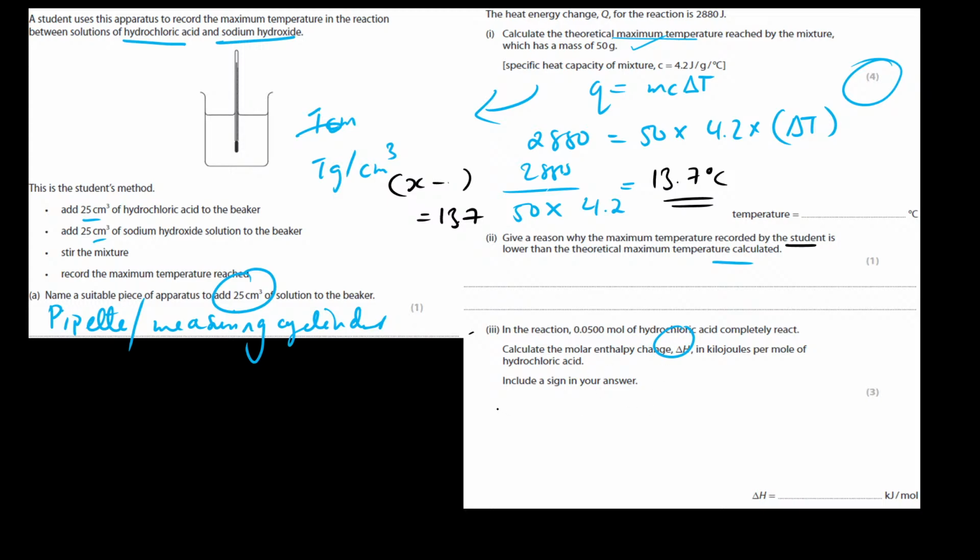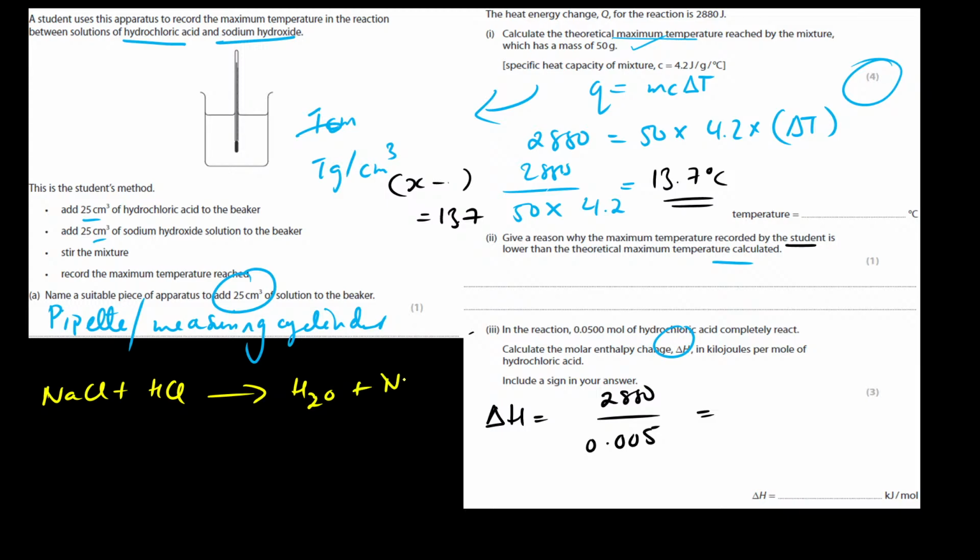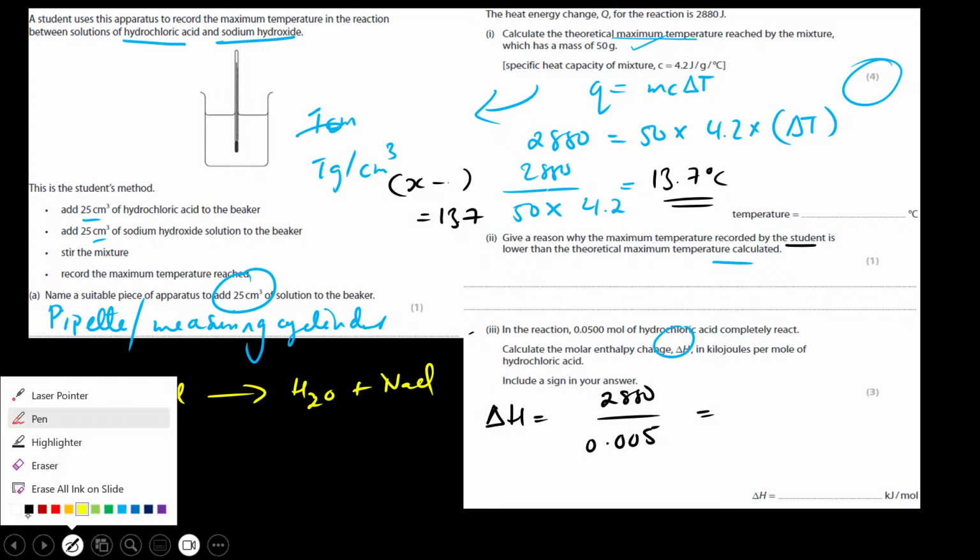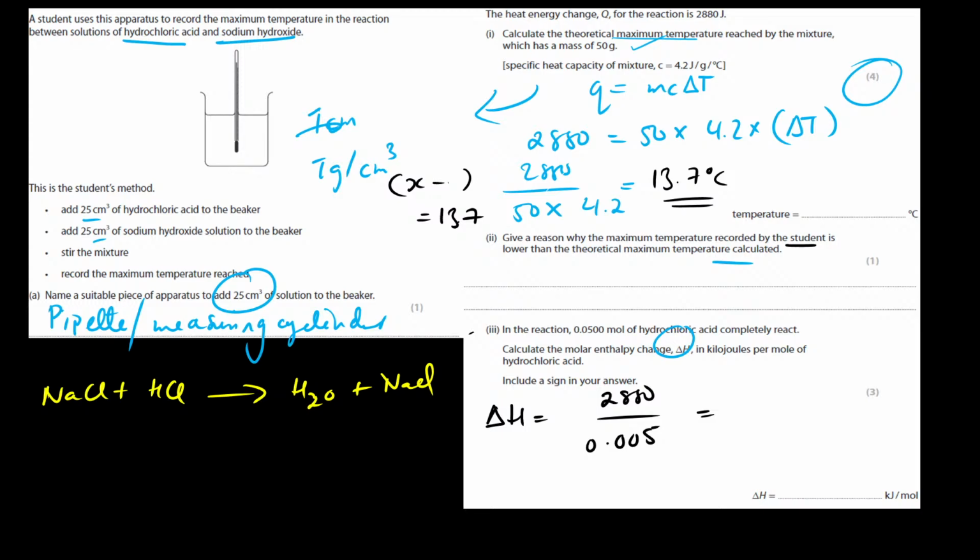And this is pretty straightforward, like I mentioned. Enthalpy equals the energy, which was 2880 joules, over that many moles of HCl. Because it's the same, isn't it? If you think about it, NaCl and HCl have a 1-to-1 ratio. They're the same number of moles. It doesn't matter. So neutralization occurs, and then can anyone tell me the value?